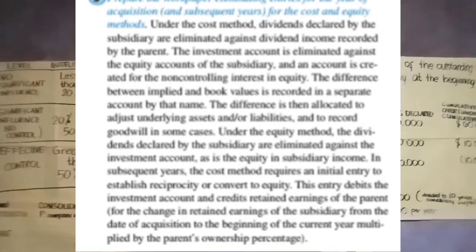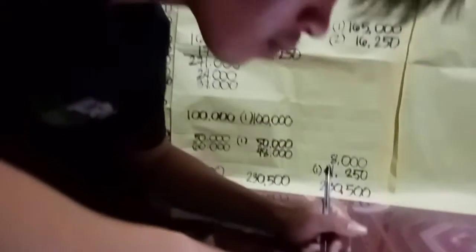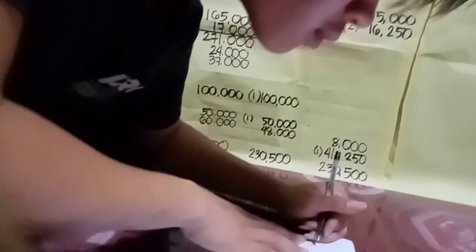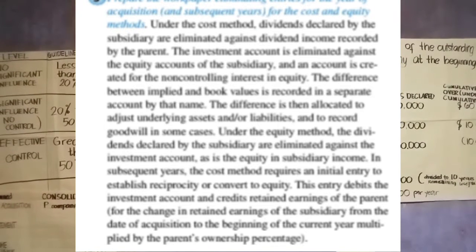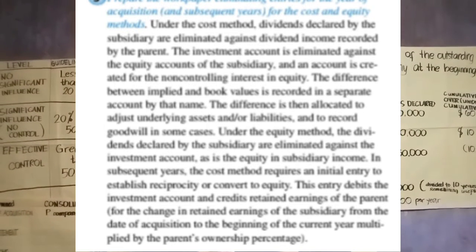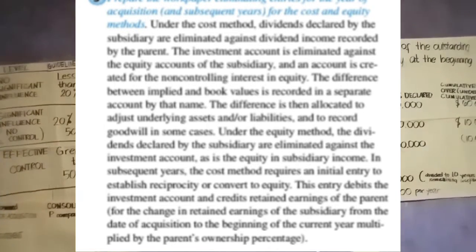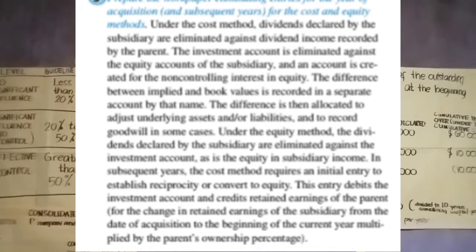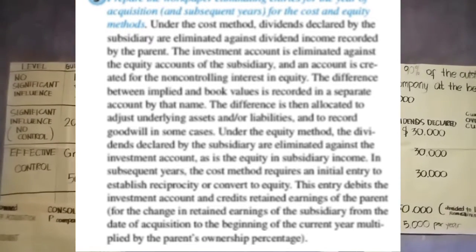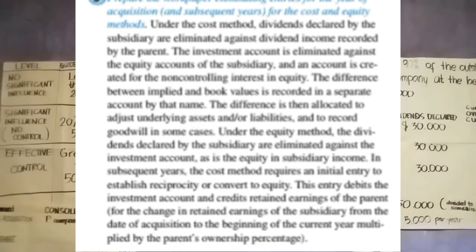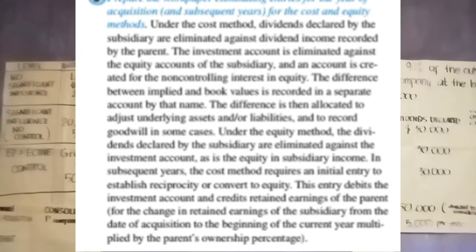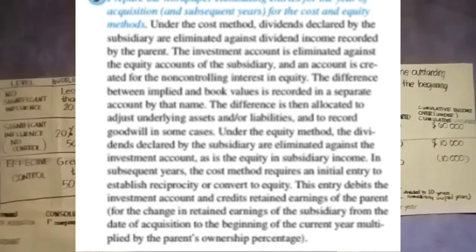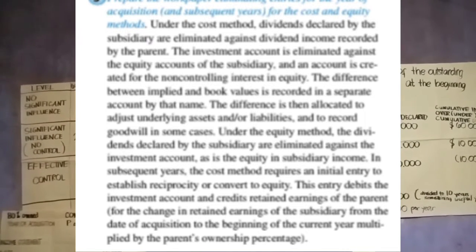The difference between implied and book values is recorded in a separate account to adjust underlying assets and or liabilities and to record goodwill in some cases. Under the equity method, the dividends declared by the subsidiary are eliminated against the investment account, as is the equity in subsidiary income in subsequent years.